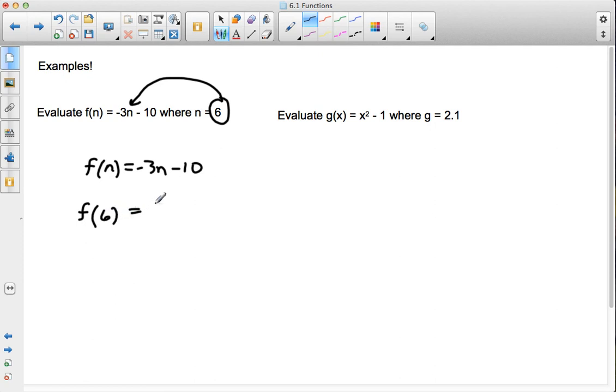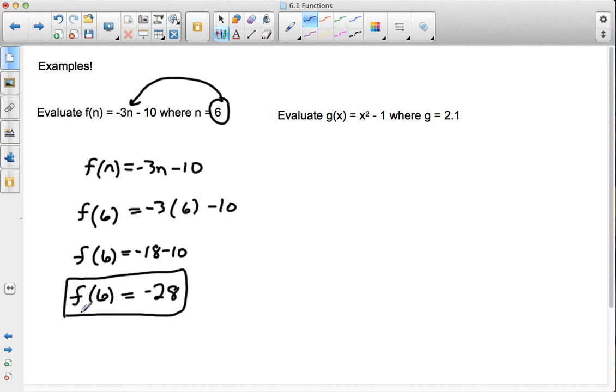If my input then is 6, my output's going to be negative 3 times 6 minus 10. And then we go ahead and simplify. That equals negative 18 minus 10. So f of 6 is negative 28. And that's how I would show my answer.